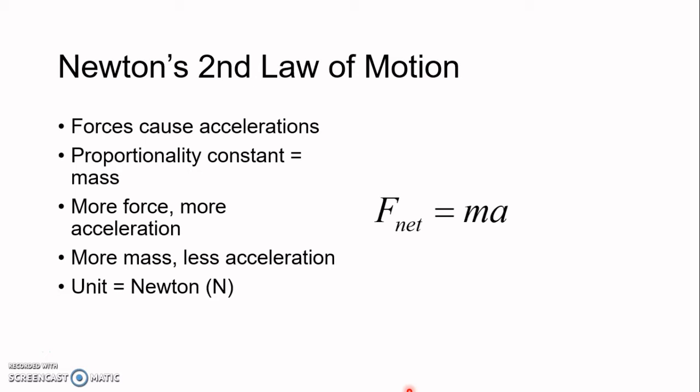When we measure forces, we use the unit of a Newton, named after Sir Isaac Newton, who was so phenomenal in the field of forces. So a force might be, say, 10 newtons.